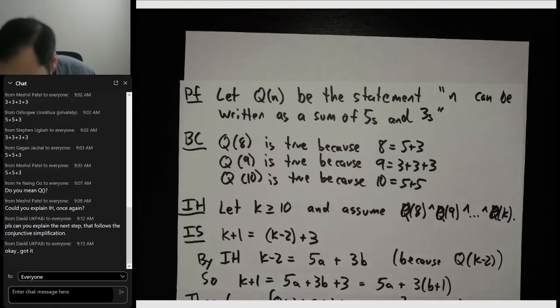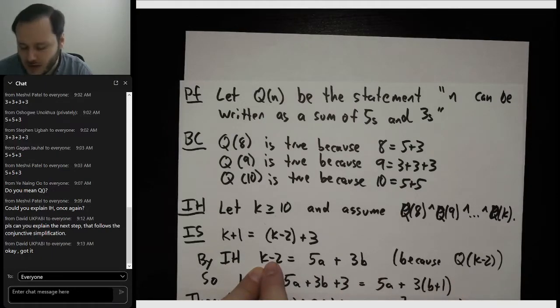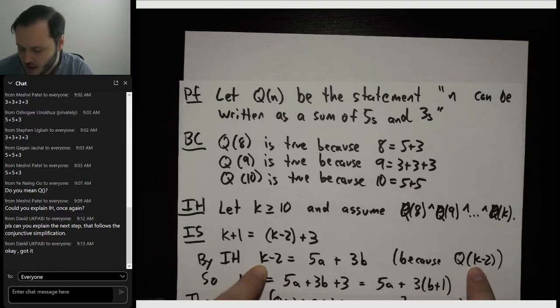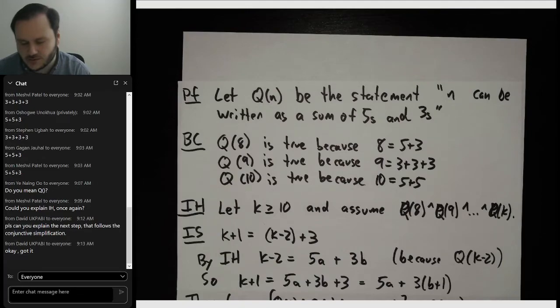So that's our go back 3 steps moment. Why do I know how to do q of k minus 2? Because q of k minus 2 comes out of the rule of conjunctive simplification.